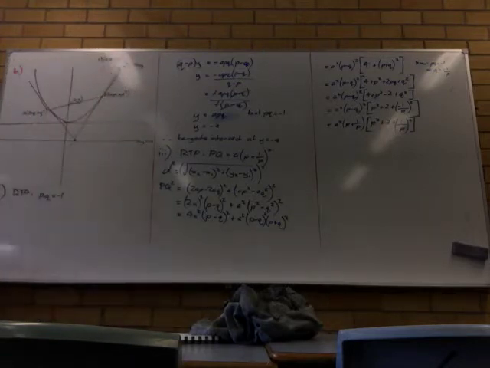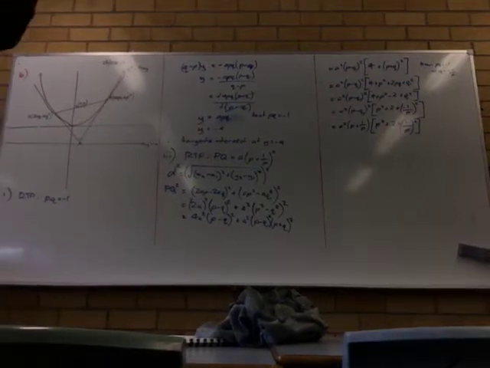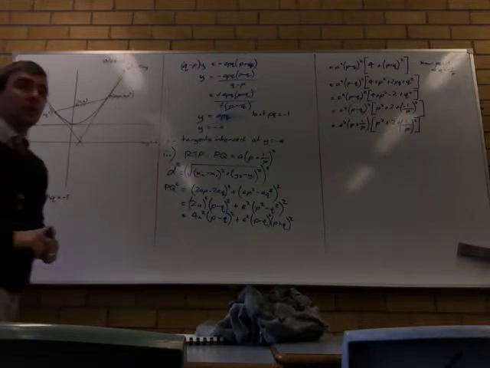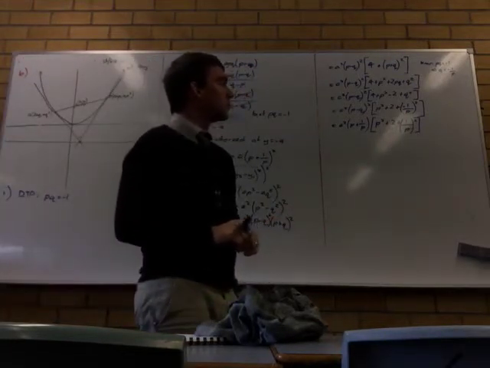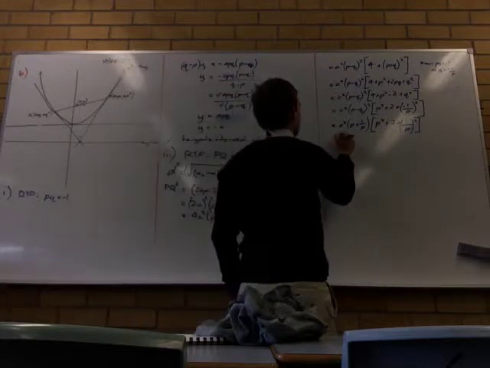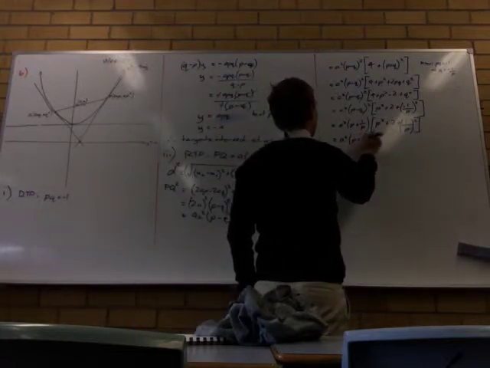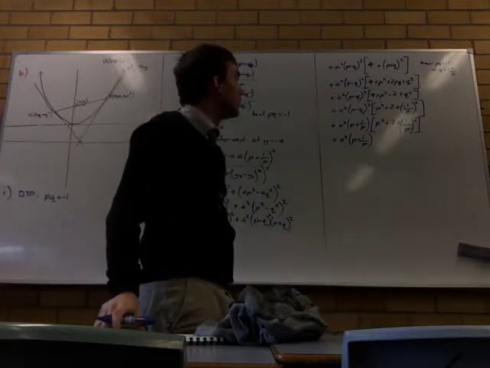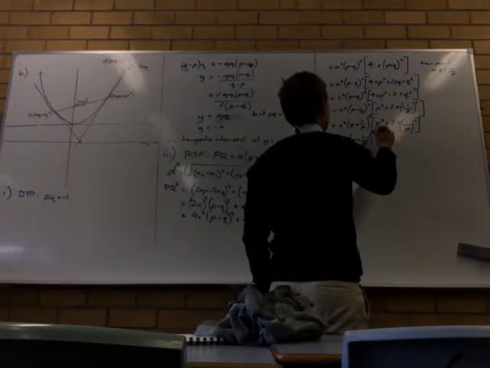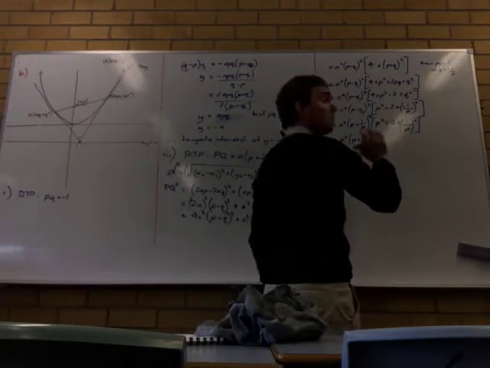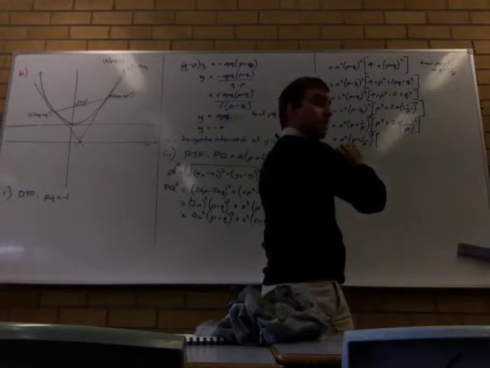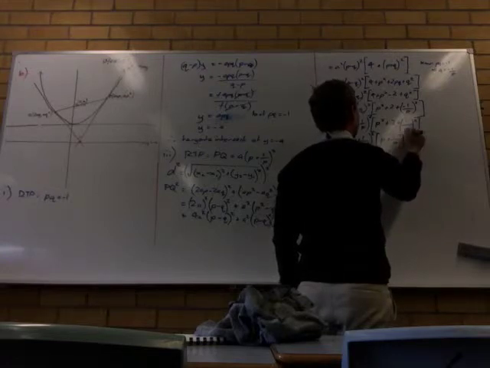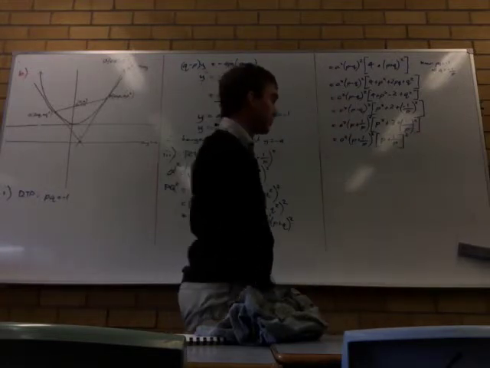Right. Any ideas how to factorise what's in the square bracket? Perfect. P plus 1 on P. So it's a perfect square.